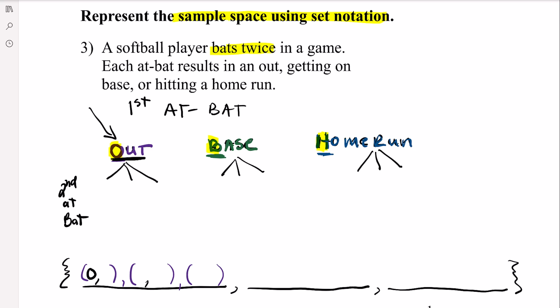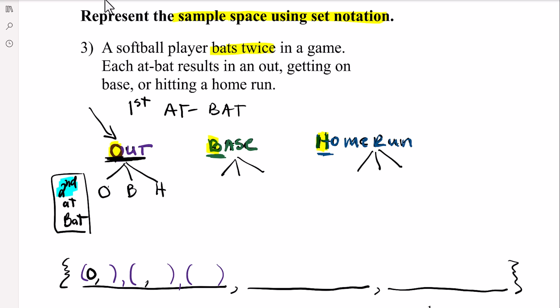If you get out, that's your first at bat. So this is now having received an out. When you go up to bat the second time, you have those 3 options again: an out, you could get on base, or you could get a home run. And this is what goes in the sample space.